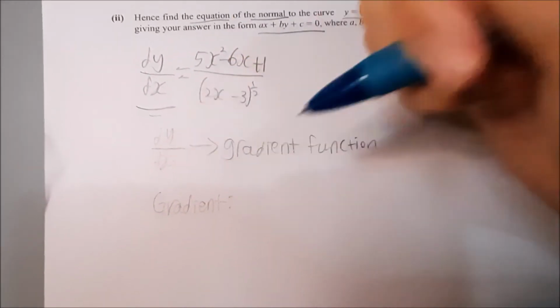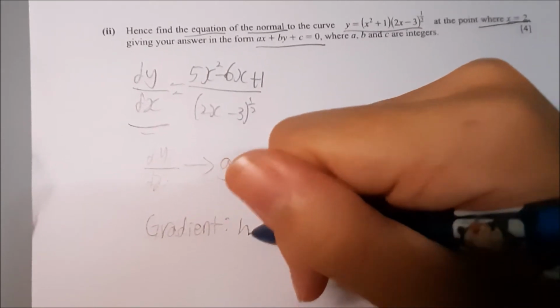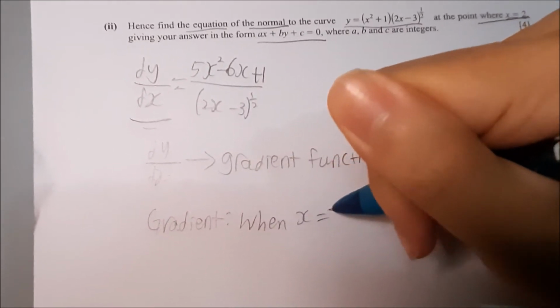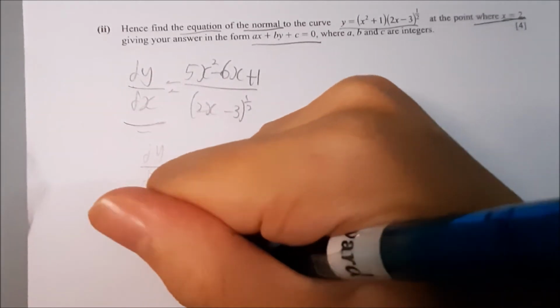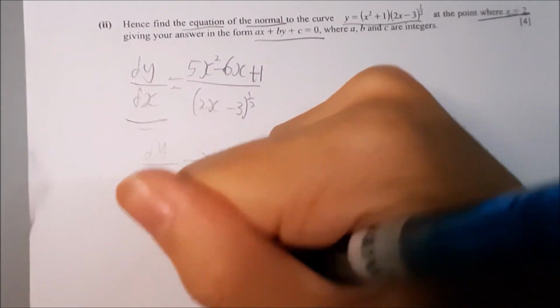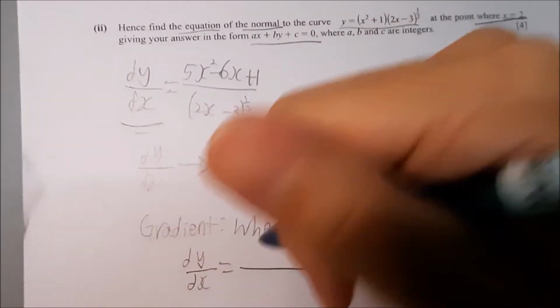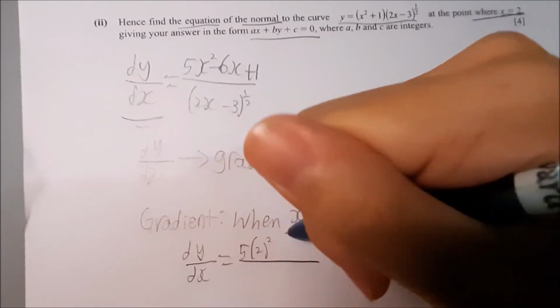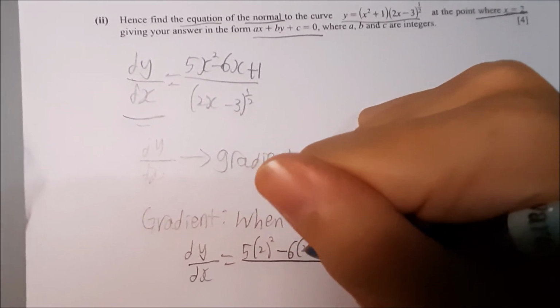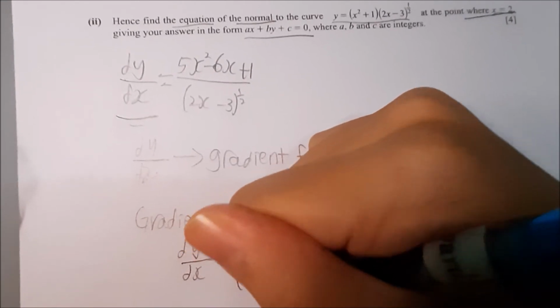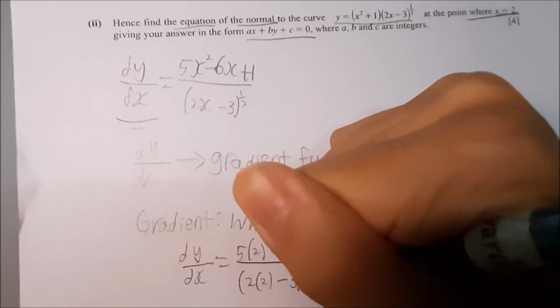So the gradient will be, when x equals 2, you have to substitute the x value inside the dy/dx, so that it will be 5 times 2 squared minus 6 times 2 plus 1, over (2 times 2 minus 3) to the power of half.